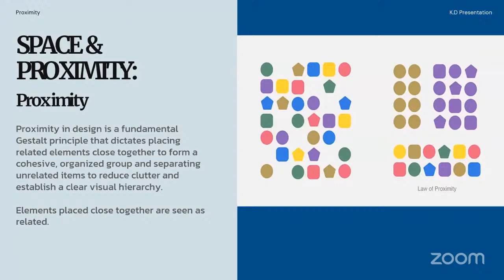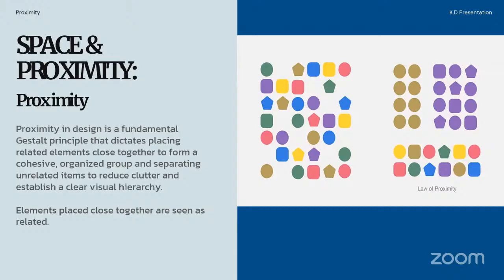Proximity. Proximity in design: when you place items close together, they are seen as related. If they are too far, they can be regarded as unrelated. Proximity is the art of grouping contents properly to make sure the information is easier to understand at one simple glance.